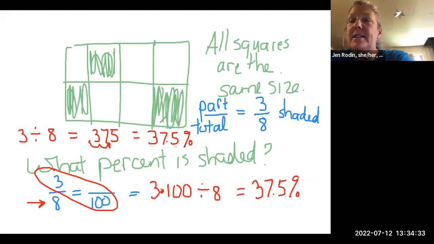That same person asked about a discount rate problem too. So let's see. I'll make up a couple, okay?